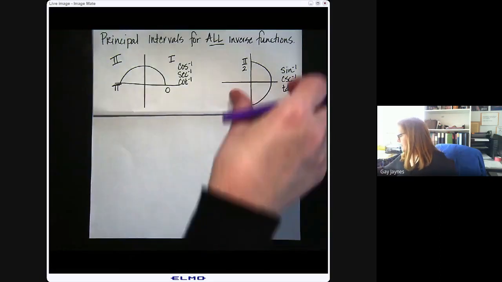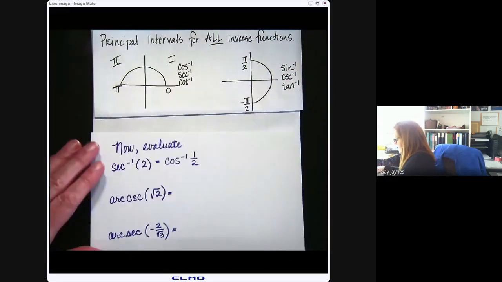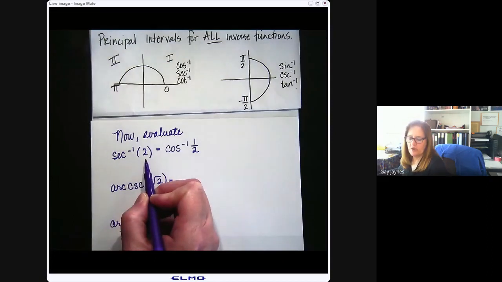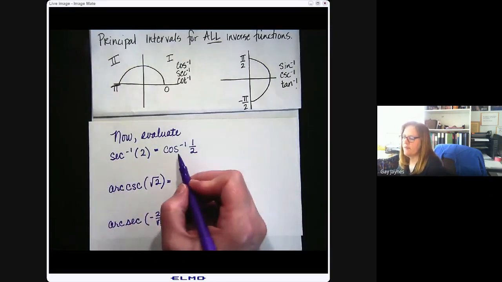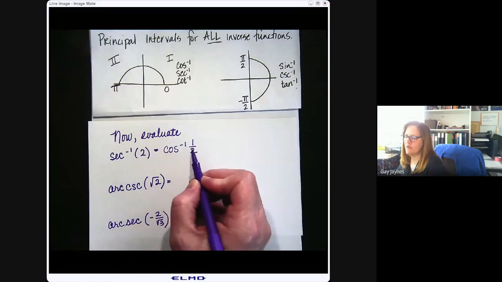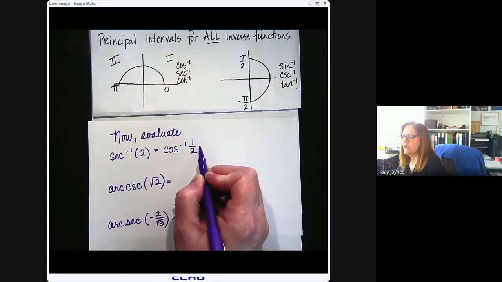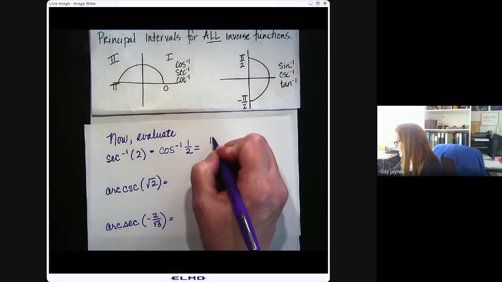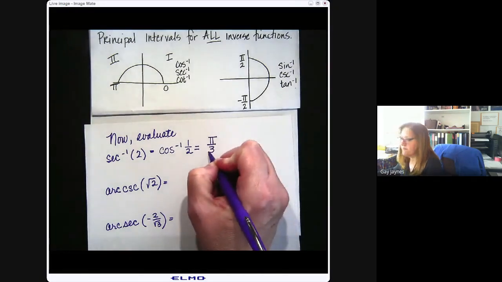So if we use the ideas I talked about, if we have secant inverse 2, according to that page I put up, that would be the cosine inverse of 1/2. And then you're going to look at your unit circle, and you're going to look at where 1/2 is in the 1st or 2nd quadrant for cosine, and you're going to see it at pi over 3.